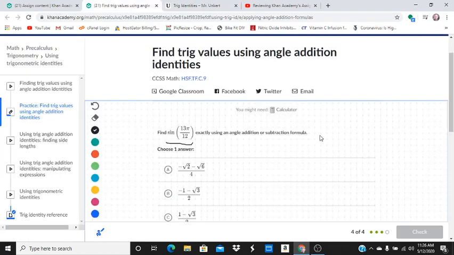All right, so I can break apart 13 pi twelfths into 4 pi twelfths plus 9 pi twelfths.